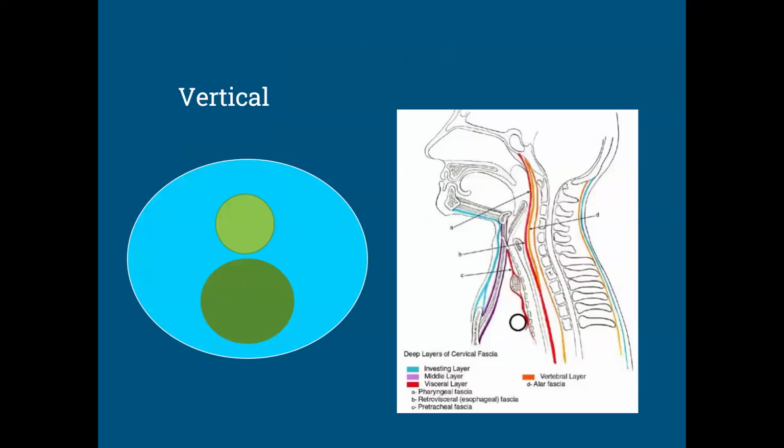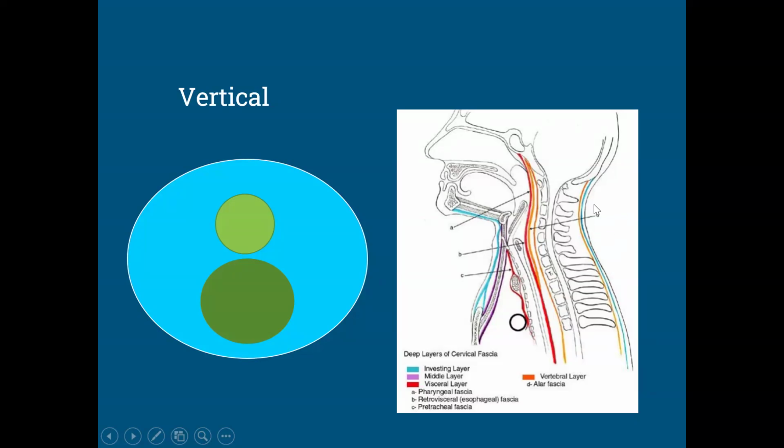Just a diagram to show how the various fascial layers are vertically aligned. One of these, marked D, is the alar fascia, which we will be discussing in the coming slides.